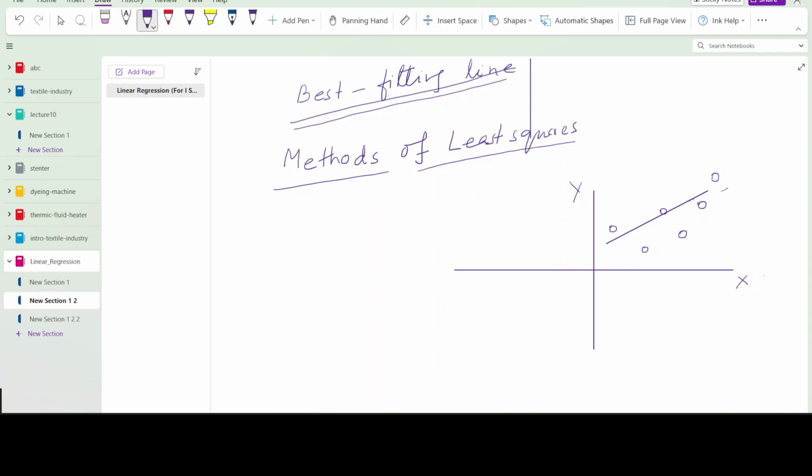Suppose we have drawn this line, and for this line to be a best fit line, there is a certain requirement.